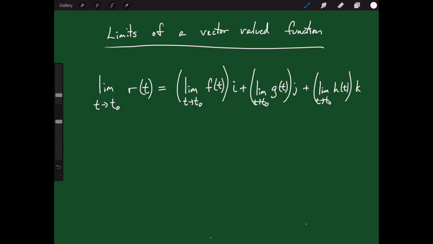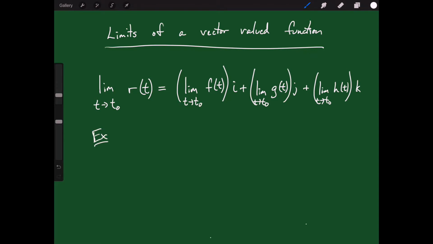So if you know how to take one limit, you really know how to take the limit of a vector valued function, because you're just taking the limit 3 individual times. There's really nothing new going on here. So for example, let's do a quick example.